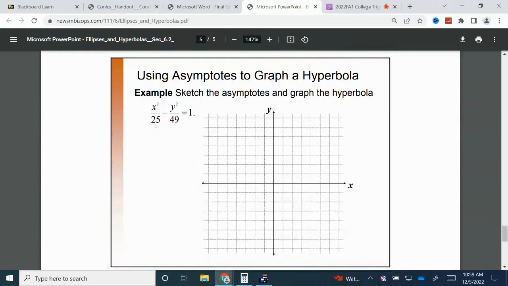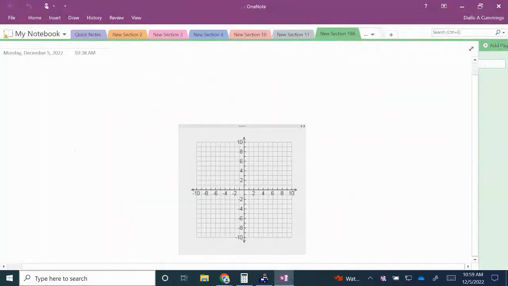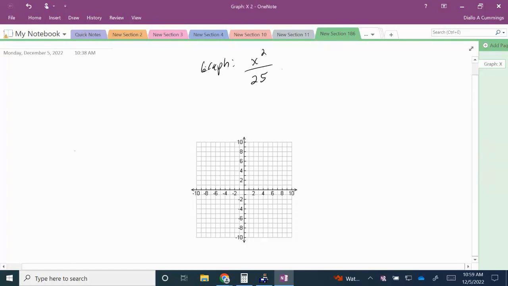So here we're asked to sketch out the hyperbola x squared divided by 25 minus y squared divided by 49 is equal to 1.